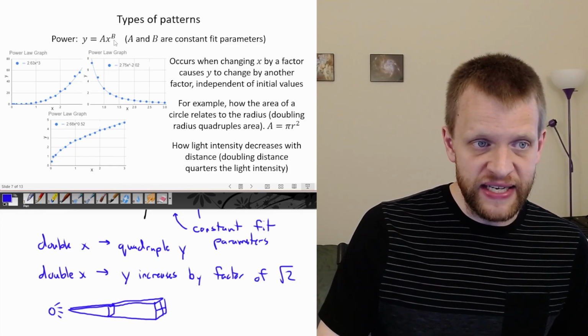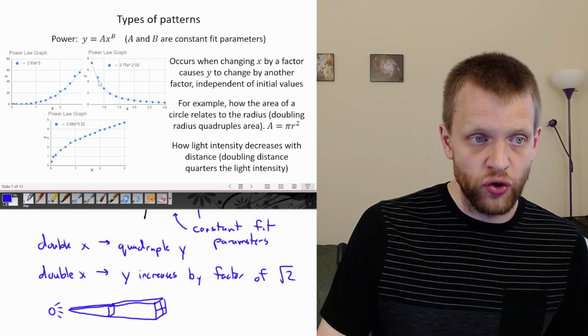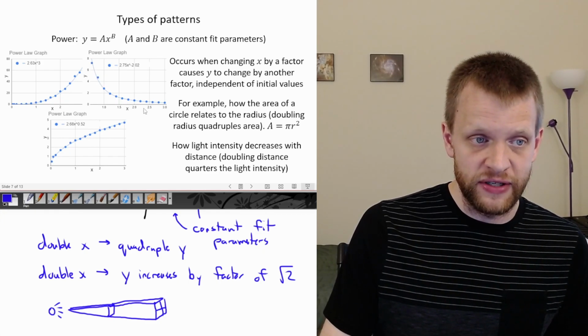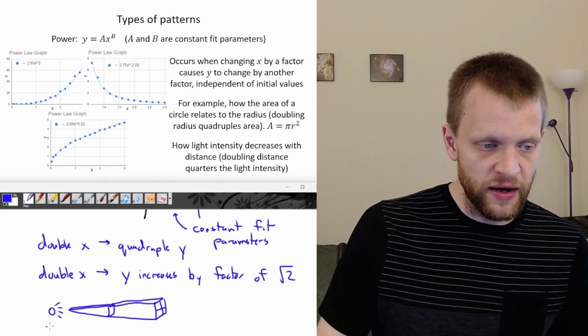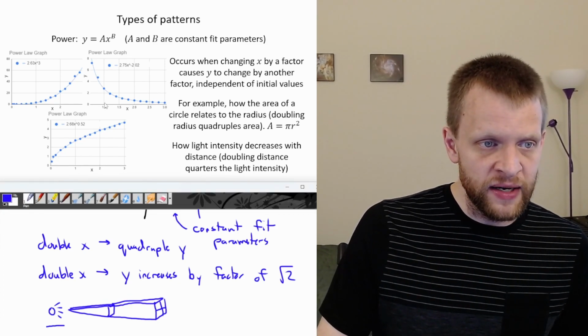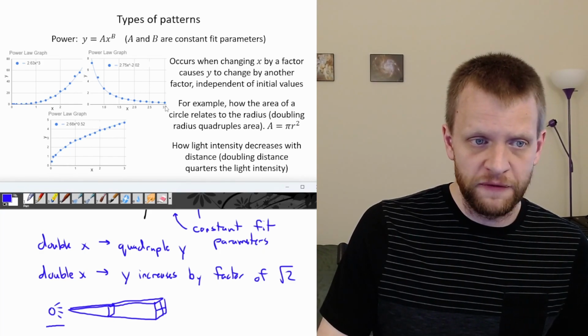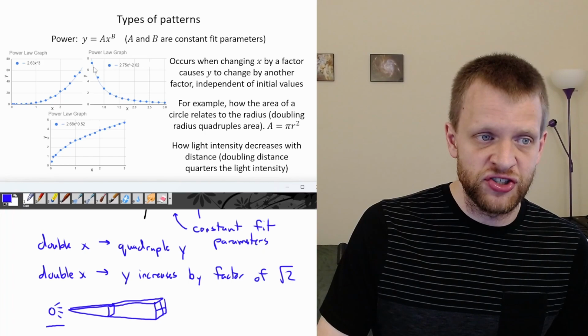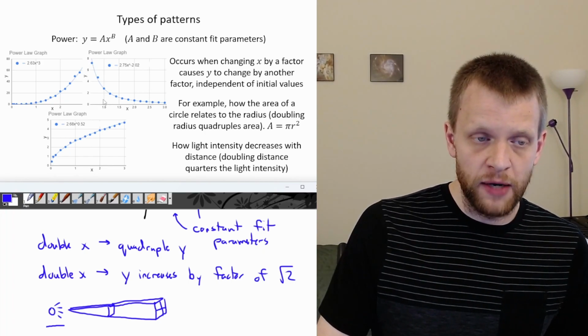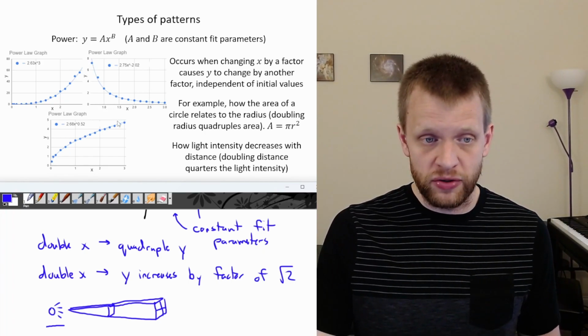And if that exponent is negative, then y is going to be decreasing as x increases. So this would be like the light example. If I double the distance, if I go from 1 to 2 or from 1.5 to 3, my y value is going to become 1/4 of what we started with.